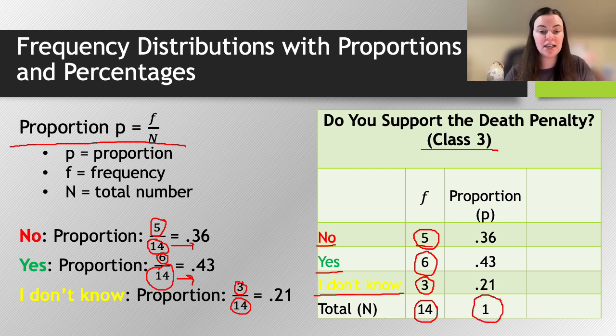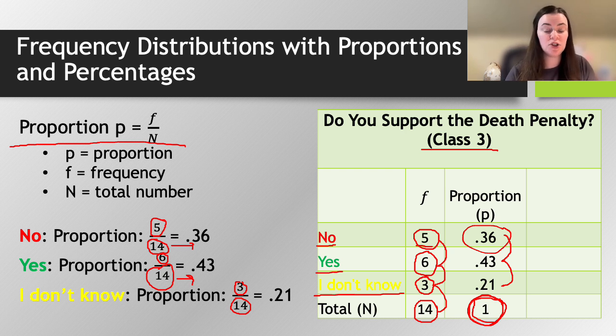So if I add together, similar to when I did on the last slide, 5 plus 6 plus 3 equals 14, if I add together 0.36 with 0.43 and 0.21, I get a total of 1, which represents the entire share of the class. So if each individual cell, for whatever reason, did exceed the value of 1, again, check yourself for a calculation error there.